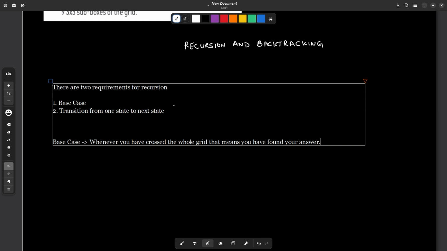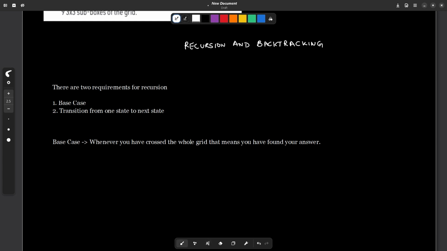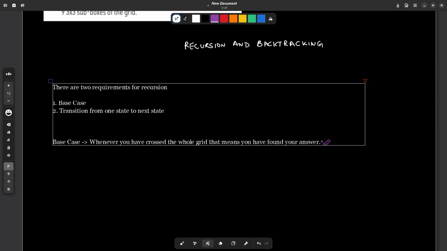Because if you were not able to find the answer at any particular point, then you would be directly returning from there, right? So this condition should always be satisfied, because if there is at least one such point for which the answer does not exist in the grid, then you will never be able to move forward, right? This is our idea.